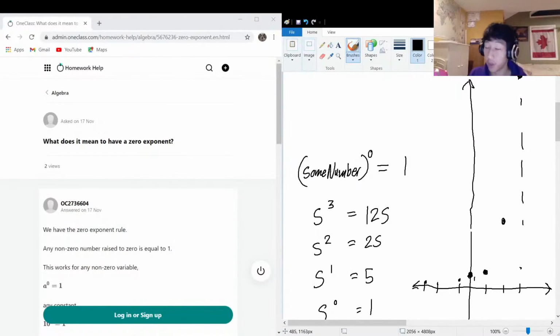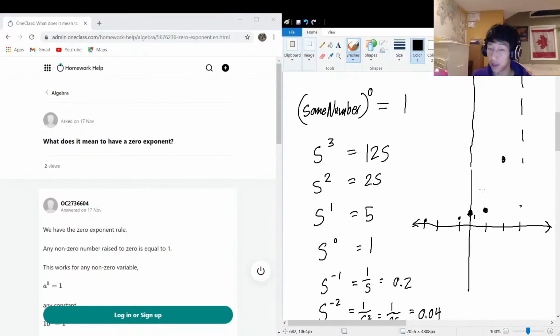Okay, so we know that exponential functions have to be continuous. So this definition that the 0 exponent is always equal to 1, anything to the power of 0 is 1, is quite important to follow the pattern of the rest of the things, right?